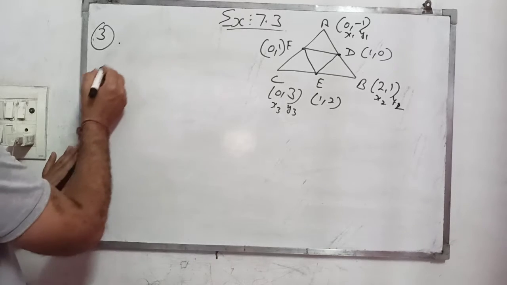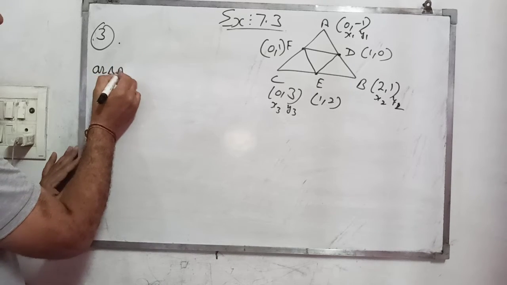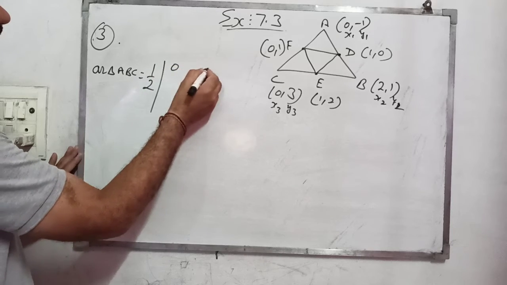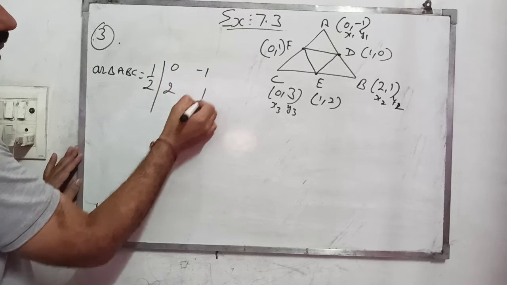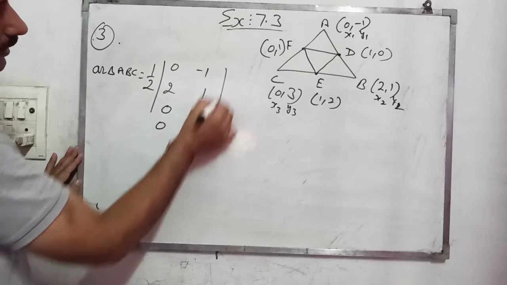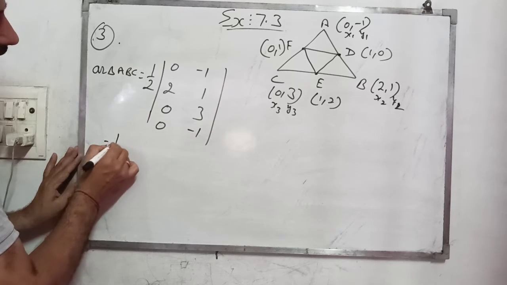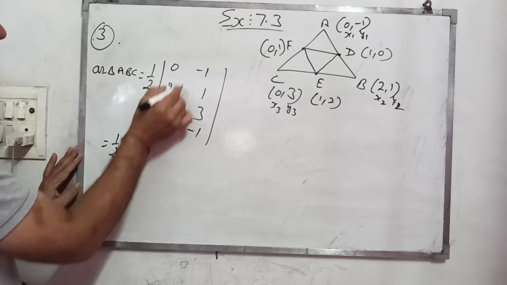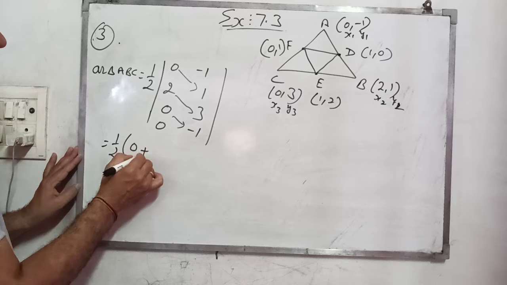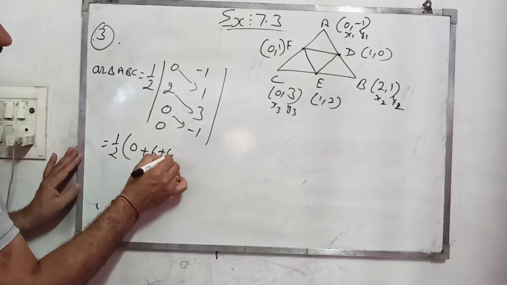So area of triangle ABC is 1 upon 2. The points are (0, -1), (2, 1), (0, 3), and again (0, -1). Again we use that formula. 1 upon 2, multiplied in such a way it becomes 0 plus 6 plus 0.